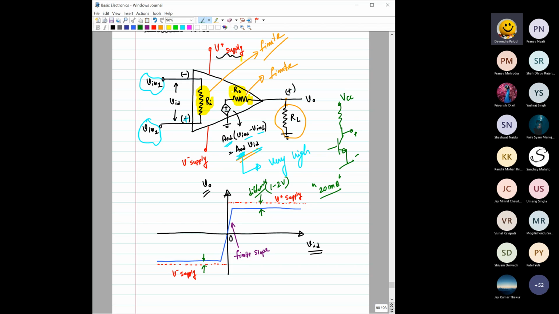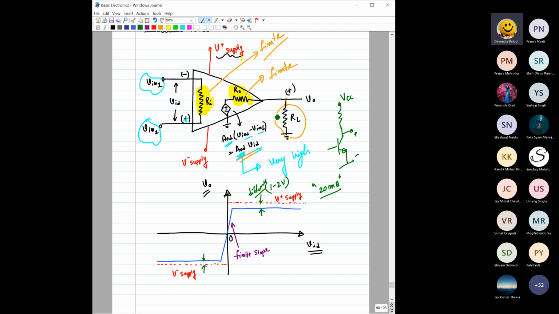But if in any question no other information is given, and the op-amp is operating in open loop, then you can assume that the maximum positive output voltage would be equal to V plus supply, and the maximum negative output voltage would be equal to V negative supply, right?